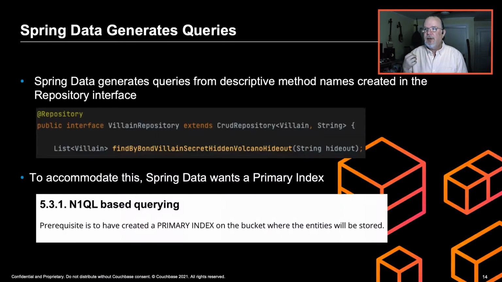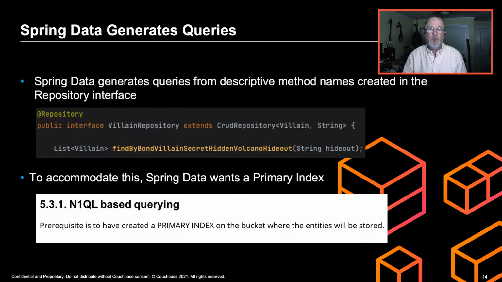This is due to Spring Data having no knowledge beforehand of what indexes you might need. Yes, you can use the @index annotation in your data elements if you've got permissions to create indexes, and it will generate some of those, but they still may not be the optimal indexes for the queries that are being generated.